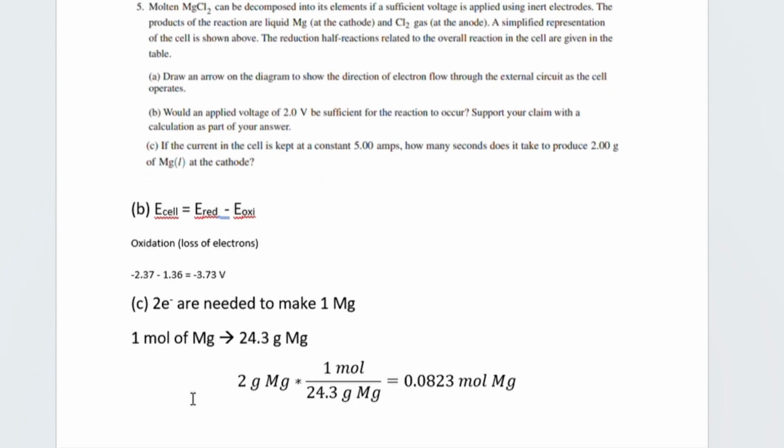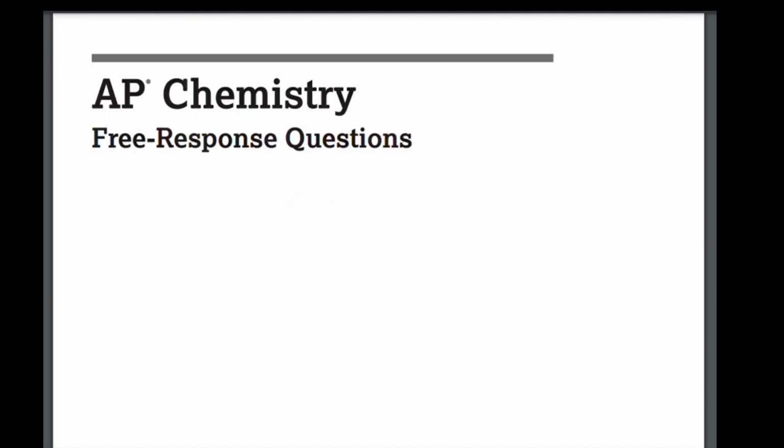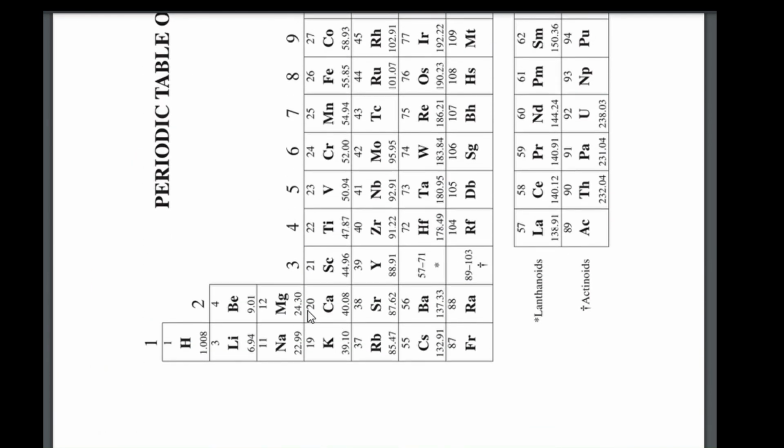Now we need to know how much 1 mole of magnesium weighs. Here I have the examination paper, and if we look at the first page, which has the periodic table, we see that the atomic mass of magnesium is 24.3 grams, which basically means that 1 mole of magnesium weighs 24.3 grams.